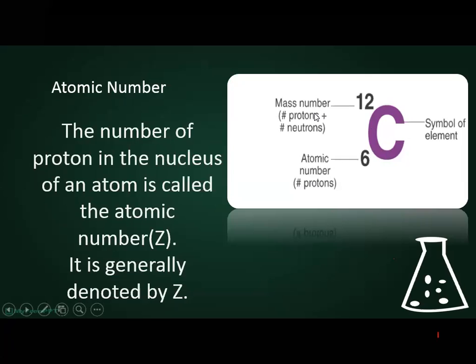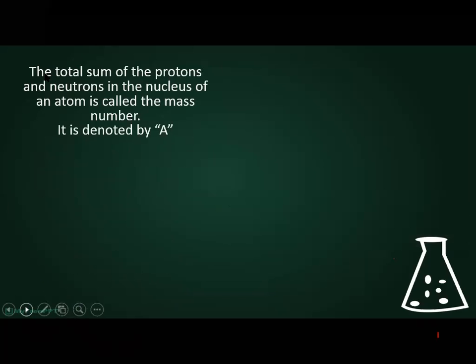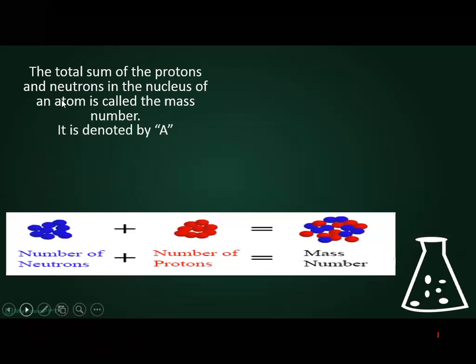And mass number, it is also called atomic mass, please remember it. Mass number or atomic mass, both are the same and can be used alternatively. The mass number is the number of protons plus the number of neutrons in the nucleus.